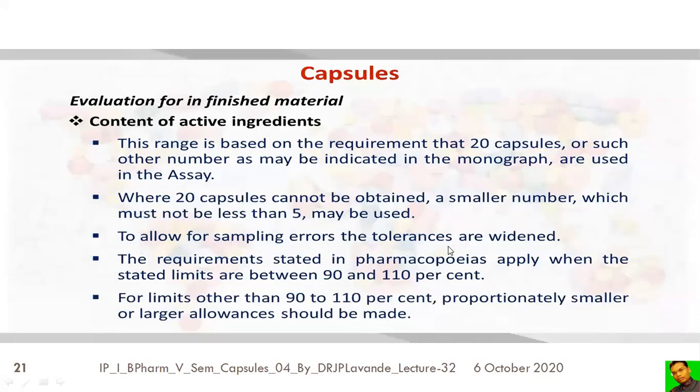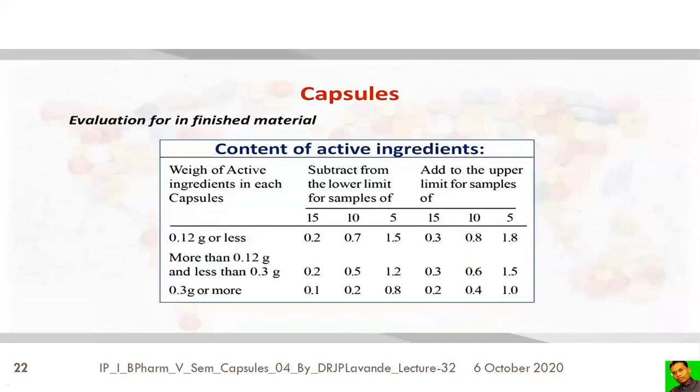To allow for sampling errors, the tolerances are wide and the requirements stated in the pharmacopoeias apply when the stated limits are between 90 to 110%. So within this range, the values should be obtained for the active ingredient. For limits other than 90 to 110%, proportionately smaller or larger allowances should be made.